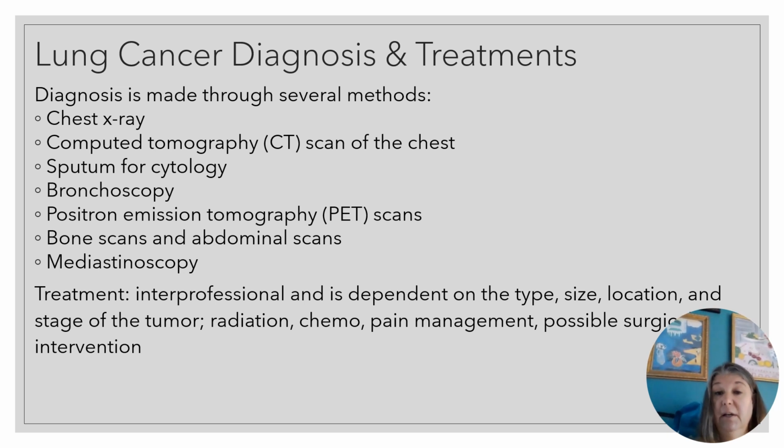Step 3 is stronger, so pain maybe 8 to 10. So stronger opioids like morphine or fentanyl. They make fentanyl patches. There's lollipops, right, that you can use, all sorts of stuff related to that.